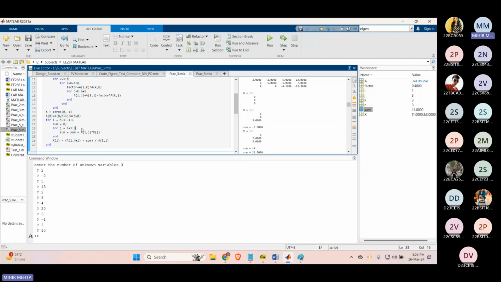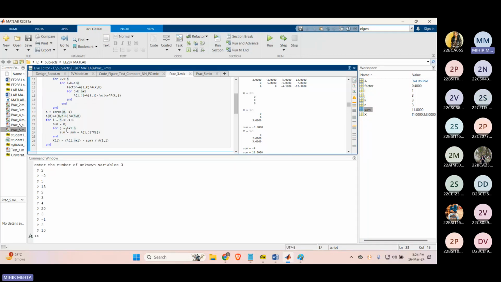Then when I run this, it says j is equal to i plus 1 to n. Now again, here, what is the value of i? n minus 1. So 3 minus 1, that is 2. So 2 plus 1, again 3 to 3. So here, what is my sum? Sum is equal to sum, which was initially 0, plus a of i comma j into x of j. Again, what is the value of j?